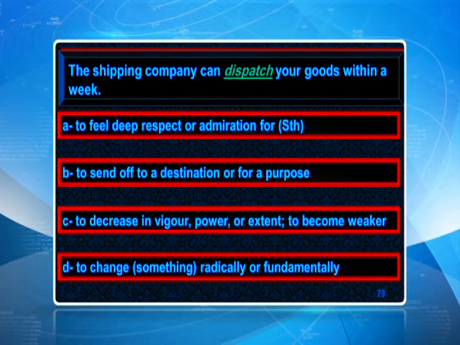This is a verb, and you notice all the definitions belong to the same part of speech. That means they define verbs. The first one is to feel deep respect or admiration for something, to send off to a destination or for a purpose. Definition C, to decrease in vigor, power, or extent, to become weaker. The last one, to change something radically or fundamentally. So what do you think? Dispatch.